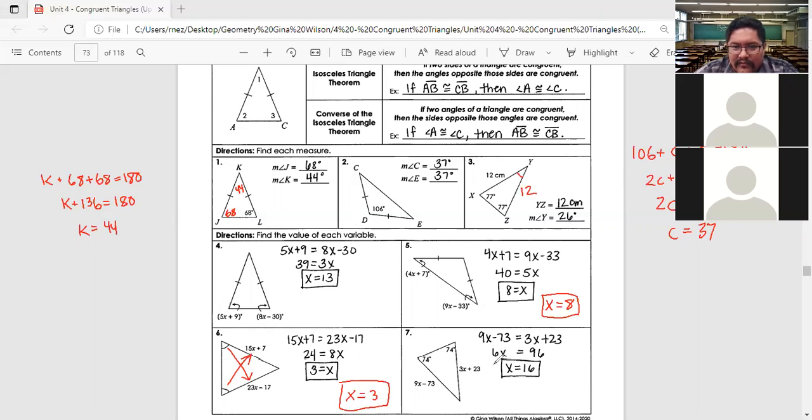Anyway, let's go ahead and move over here to the last one. Now in this case, we know this is 74 degrees. This is 74 degrees. So since we know that both of these are base angles, and again, base just means the side that's not congruent, it doesn't necessarily mean the bottom, we know that these opposite angles would also be the same.